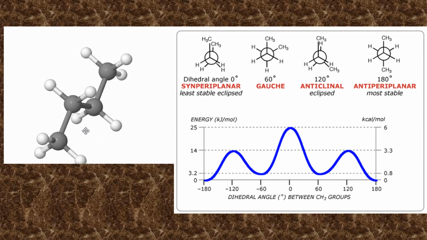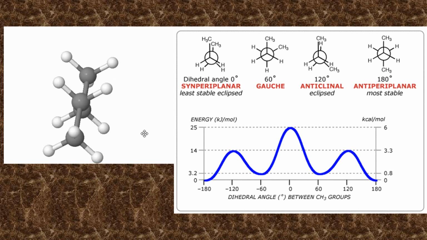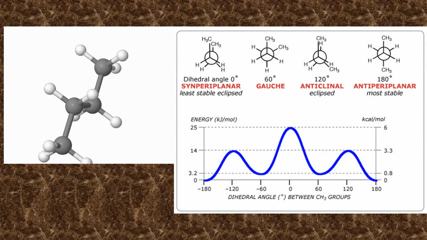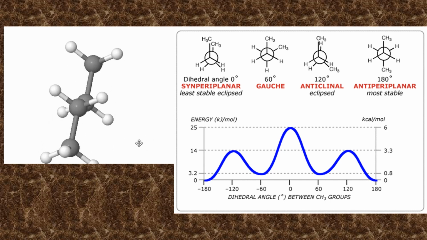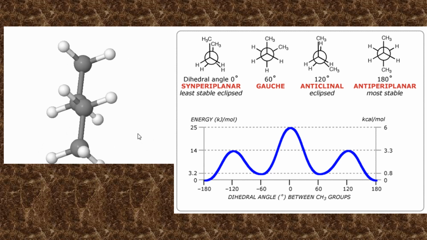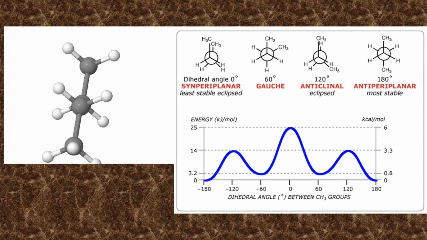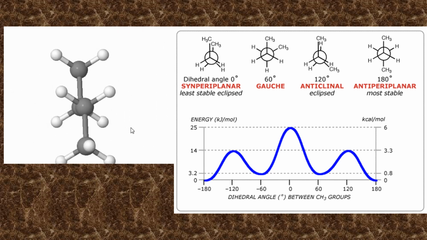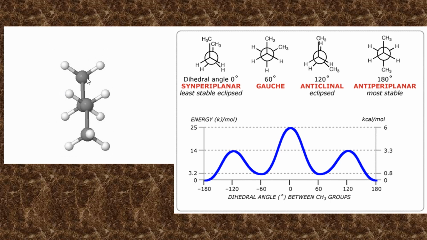Now it's clear. This conformation is called anti-periplanar conformation or anti-conformation, because the two bulky methyl groups present in the carbon number 2 and carbon number 3 are in the opposite direction, and at the same time they are at the same plane.